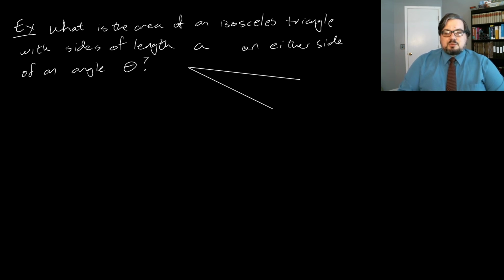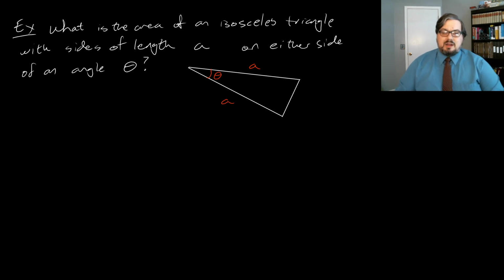So the answer to this problem will obviously be a formula in terms of A and theta, because the answer will depend on those. So we're told we have a triangle, like this. A, theta. It's an isosceles triangle, and we want to know what its area is.